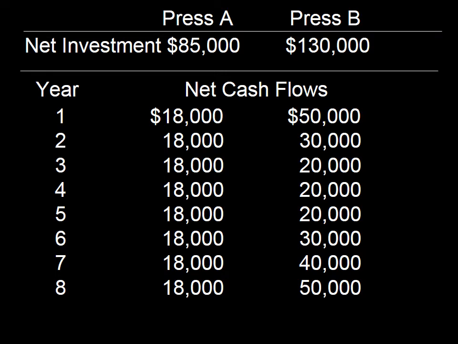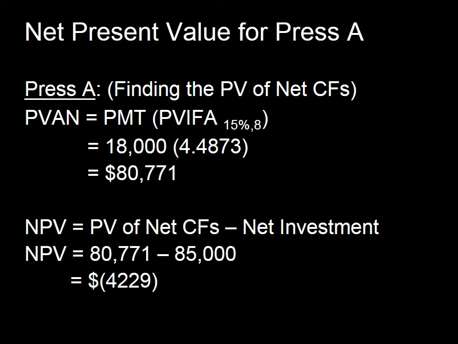So what we want to do is calculate the net present value for press A, and then also for press B, and see which one has the higher net present value. We'll go with press A first. To find the net present value, using the formula, we take the present value of our net cash flows, our net benefits, and subtract from that our net investment.